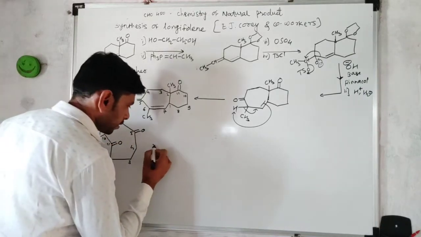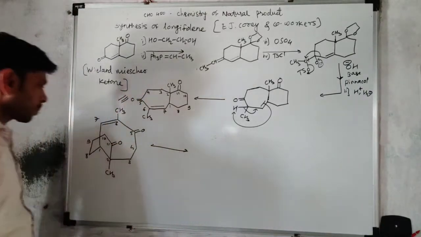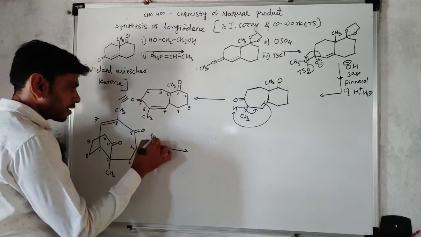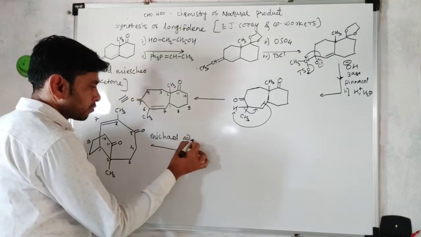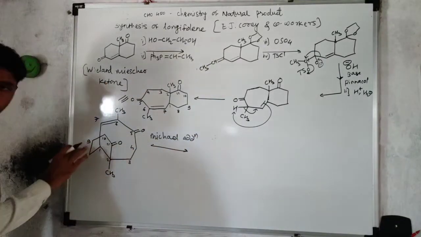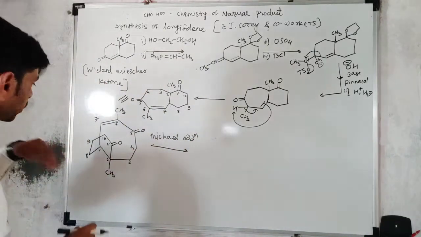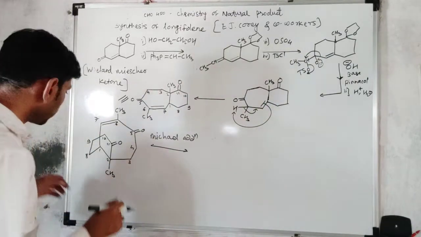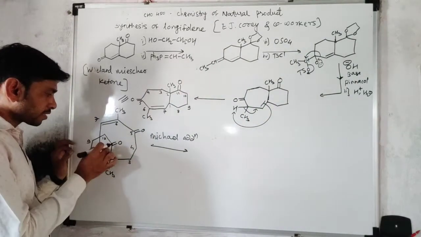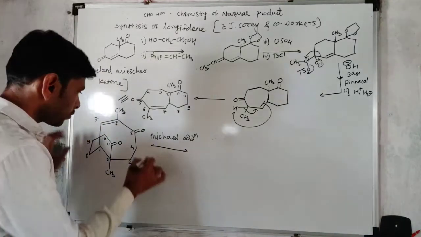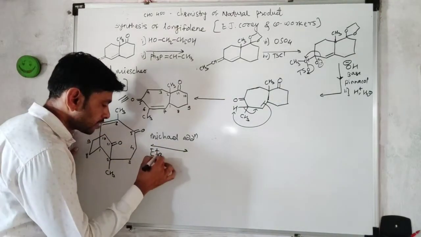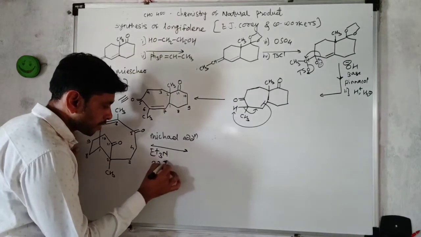Now simply this molecule, the next reaction is the Michael addition, intramolecular Michael addition, which converts this bicyclic compound into a tricyclic compound. By Michael addition, we have to use the base, that is Et3N, at very high temperature.